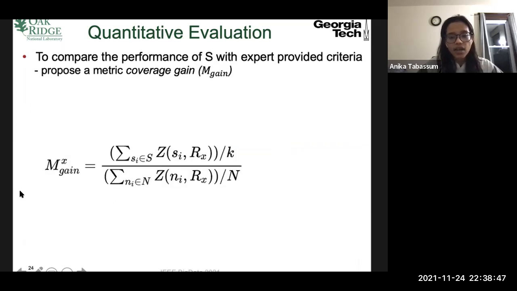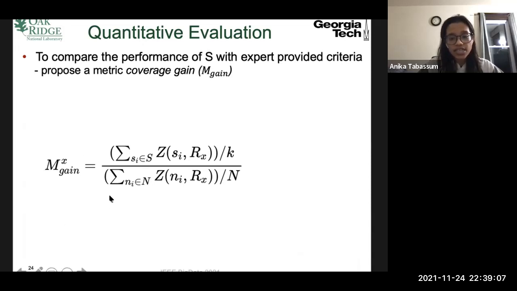Next, to evaluate the performance of our set of critical nodes with respect to the expert-provided criteria, we propose a metric called M gain.